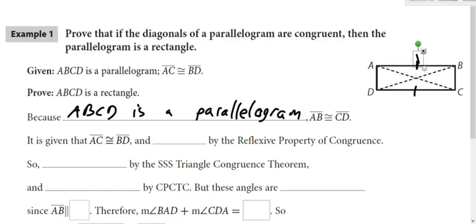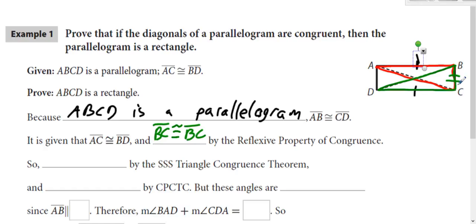So we can then see, if we look at these two triangles, that they both have BC, so we're going to use that with the reflexive property. And we said that the diagonals were congruent.